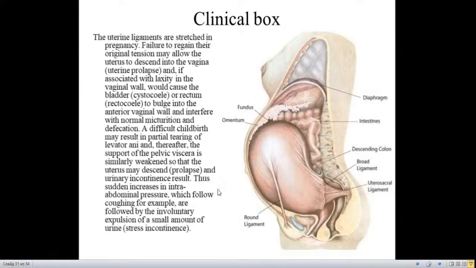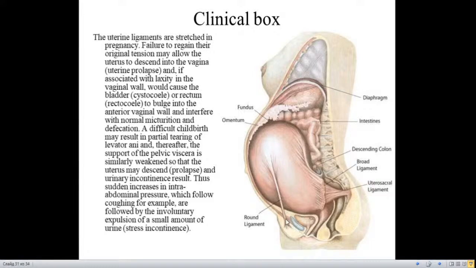Here on this picture you can read regarding relaxation. Actually, the uterus is fixed in the pelvic cavity by means of some ligaments. Most important of them, the broad ligament, ligamentum latum, which is a derivative of peritoneum, then uterosacral ligaments, cardinal ligaments, and ligamentum teres uteri, the round ligament of uterus.